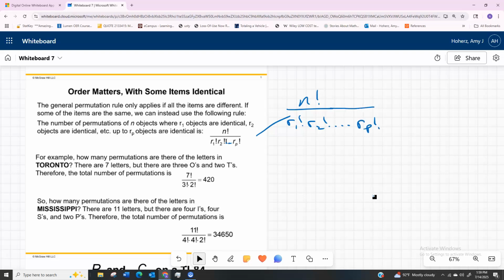So if we have identical objects within our combination or within our permutation, we not only have to do how many we're selecting, we have to take into account the fact that, for instance, in this word Toronto, if we're going to try to make as many permutations of the word Toronto as possible, that there are 3 O's and there's 2 T's that are identical.